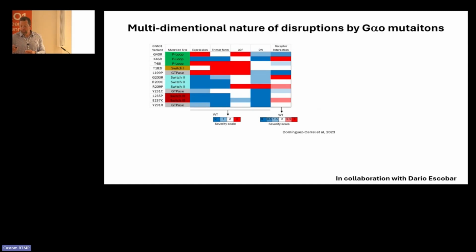So we can generate the severity scores for how badly those disruptions are, basically coming up with a numerical score in different domains: the expression and the trimer formation and ability to transduce the signal, and also the presence of dominant negative activity for different point mutations, depending on where they're located in the process.